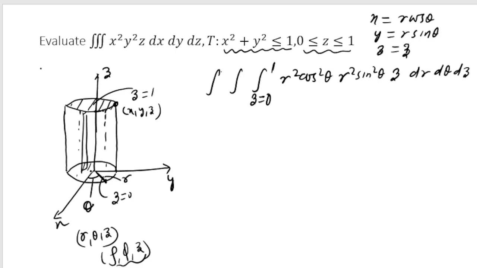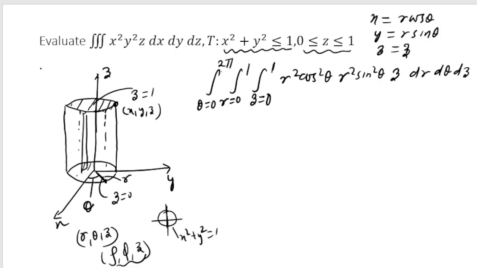And how will r change? Now I have to move this strip to cover the cross section, that is x square plus y square is equal to 1. So r will vary from 0 to 1, and theta will vary from 0 to 2 pi.